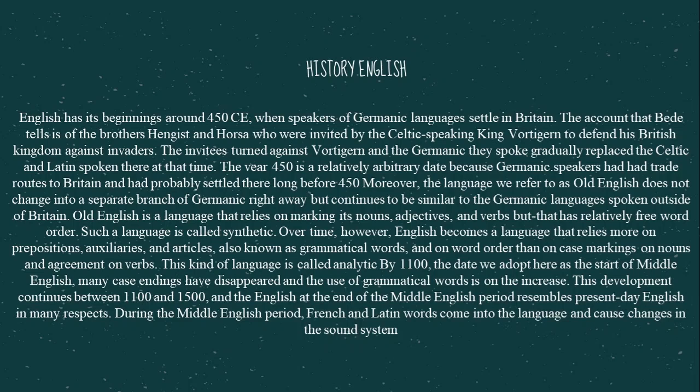Over time, however, English becomes a language that relies more on prepositions, auxiliaries, and articles, also known as grammatical words, and on word order rather than marking on nouns and agreement on verbs. This kind of language is called analytic.